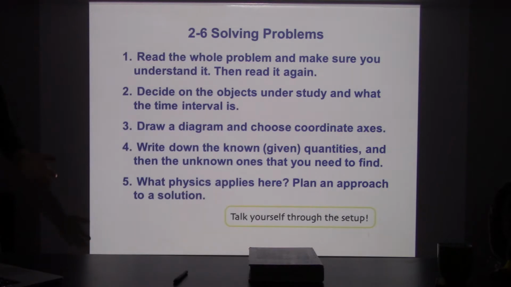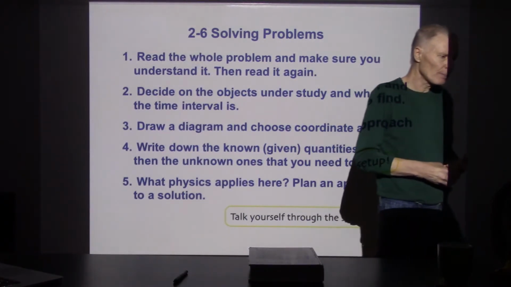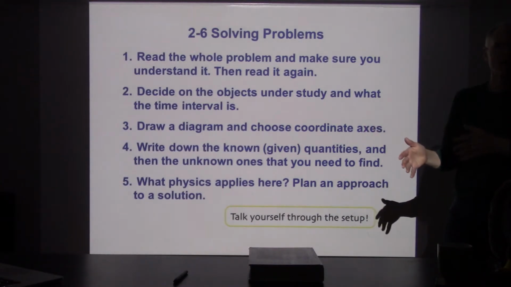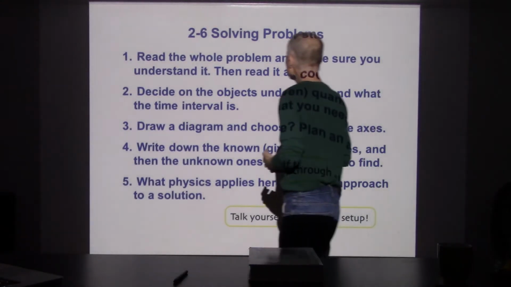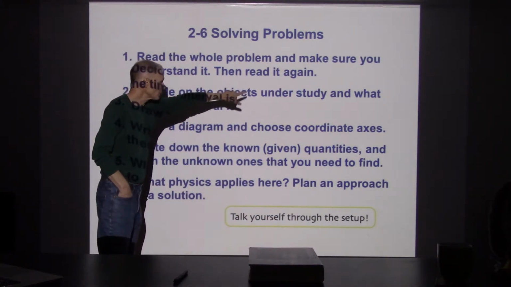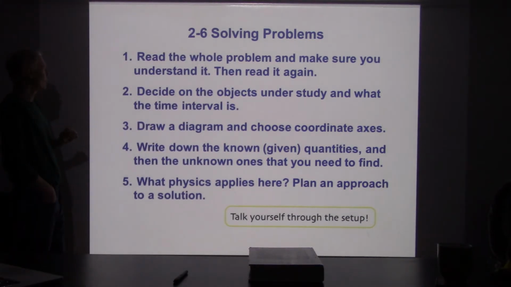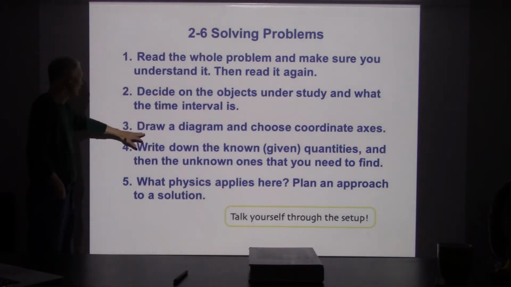That seems pretty straightforward now, but as problems become more involved, it's going to become important to isolate one object at a time and be very clear which objects we're talking about. So which objects are being looked at, and what is the time interval? Look at the time intervals going on.